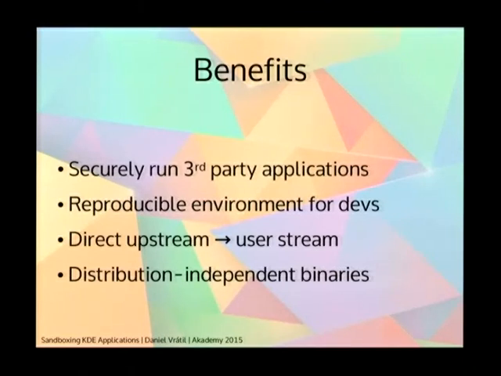The second point is reproducible environments for the devs. Obviously, that's something we want. If a user reports a crash, you get your backtrace, then you need to reply, okay, could you tell me what versions of all these packages you have installed? They don't reply, and then you just close it, right? With runtimes, you can either see it in the backtrace, or you can just ask what version of this application you have.